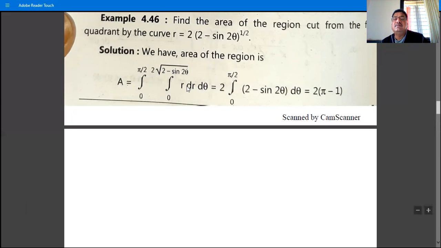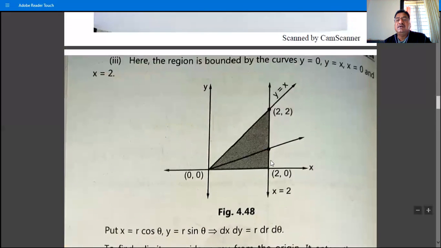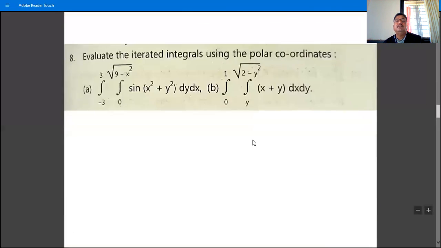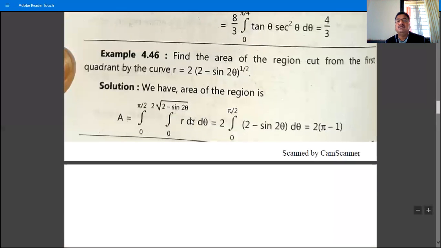dx dy is r dr d theta, the modulus of the Jacobian. And the limits are what? In the first quadrant, theta runs from 0 to pi by 2, and this is the area. Solve this and we have the answer.